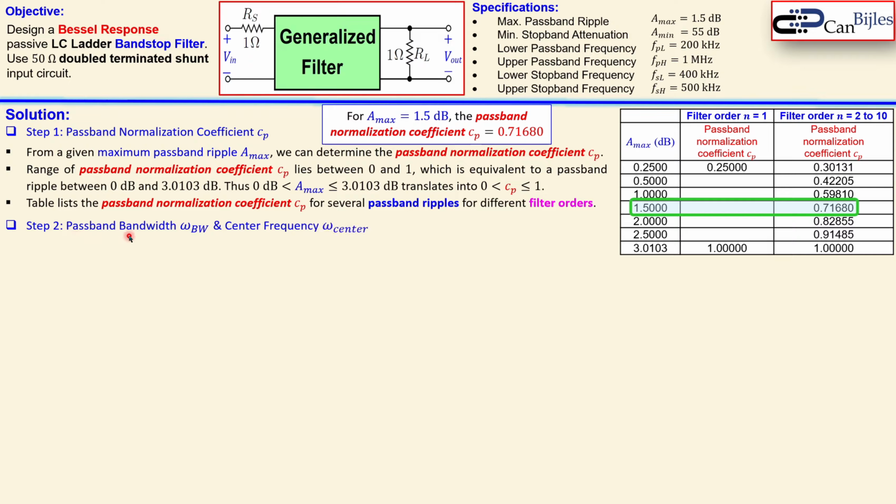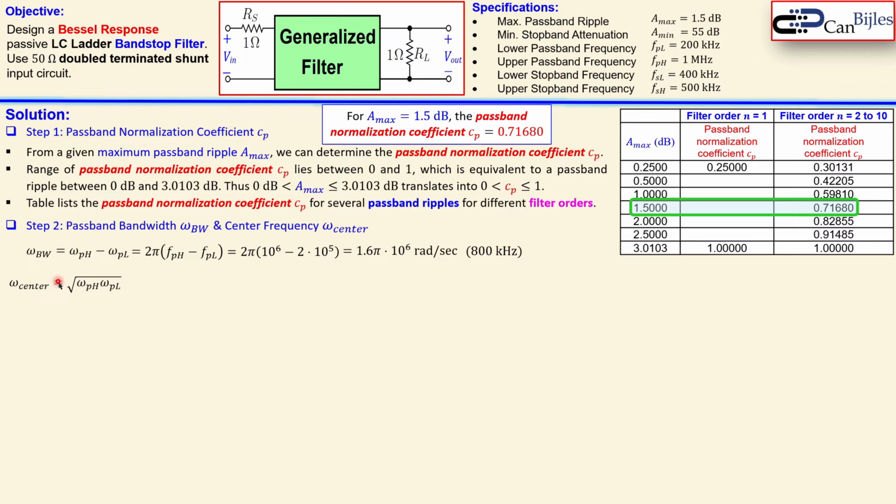Next, the passband bandwidth and also the center frequency for our band stop filter. The bandwidth here is the difference between the upper and the lower passband frequency. So it's 2 pi times the difference, which is 1 MHz minus 200 kHz. That gives us 800 kHz, which in radians per second is 1.6 pi times 10 to the power 6 radians per second.